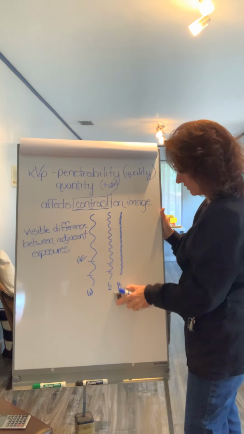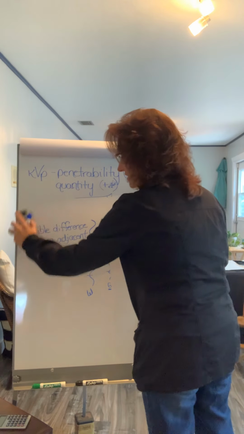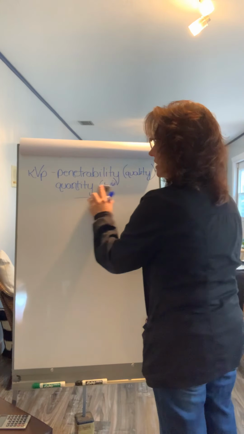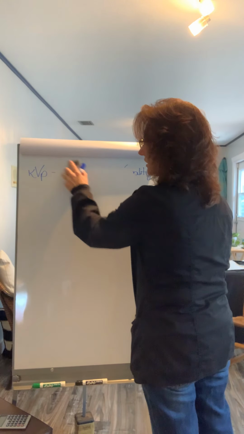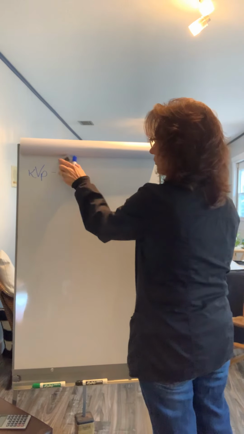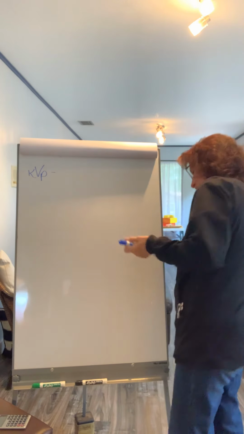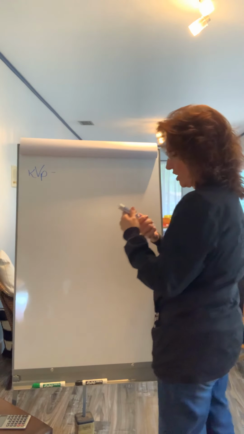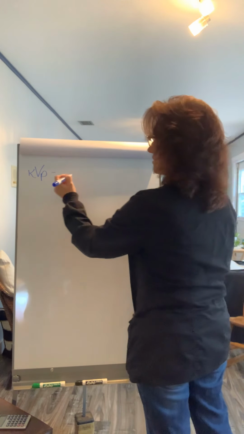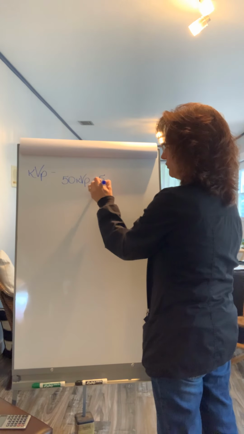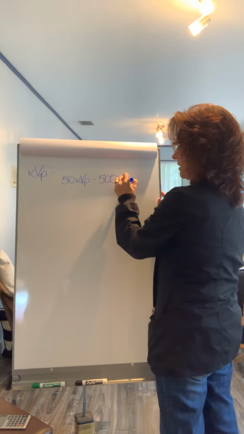Okay, now they tell us in the reading that if we were to double the kVp, it would actually affect the exposure by a factor of 4. So let's just say you used 50 kVp, and these are random numbers, but with 50 kVp, that gave you 500 photons that you created.